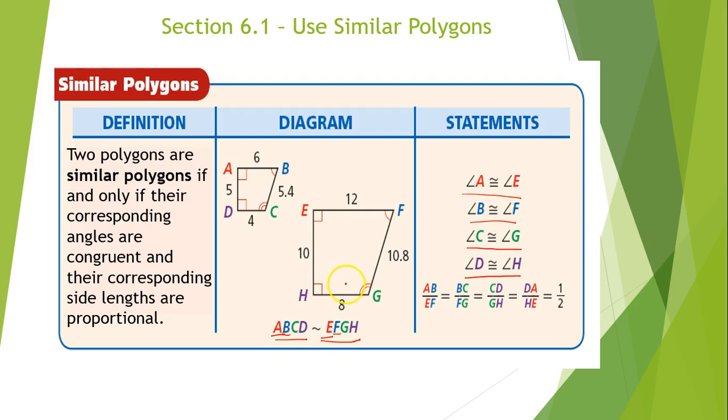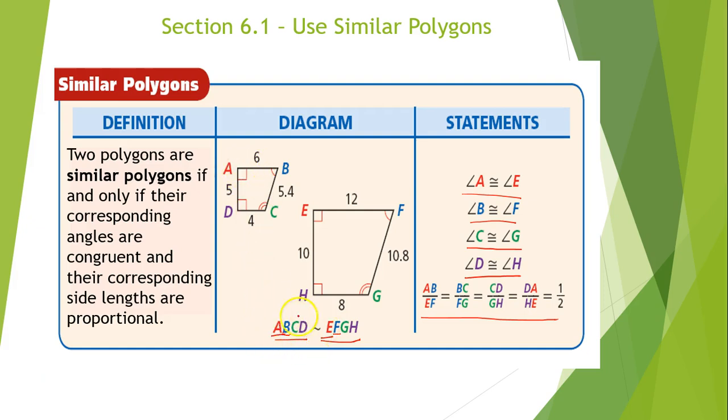These figures also have their corresponding side lengths proportional, and I'll show you what proportional means. It's this next part in the statement right here. We can say that side AB corresponds to side EF. If you don't understand what I mean by corresponds, look right here.